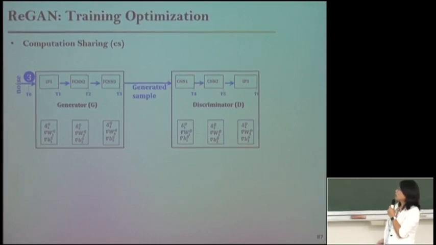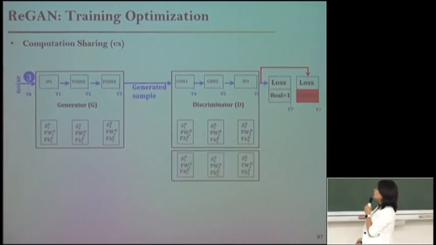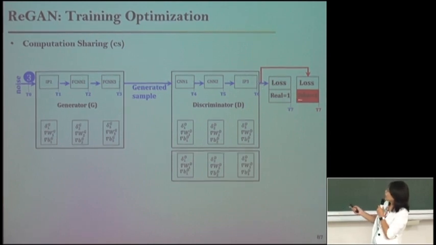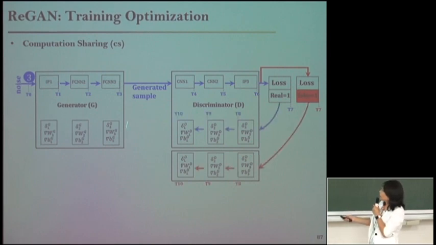We also can do computation sharing. What I meant over here is, remember, when we supply the generated samples to train the discriminator and generator, they both have to go through the entire path through the generator and the discriminator, but they have different loss functions and therefore different impact on the weights.